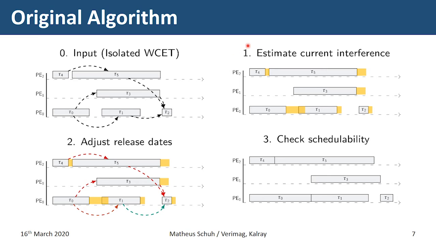The algorithm then repeats steps 1 and 2 until no interference is added and no release date is changed, and then it finally checks the schedulability of the task set with regard to the global deadline.